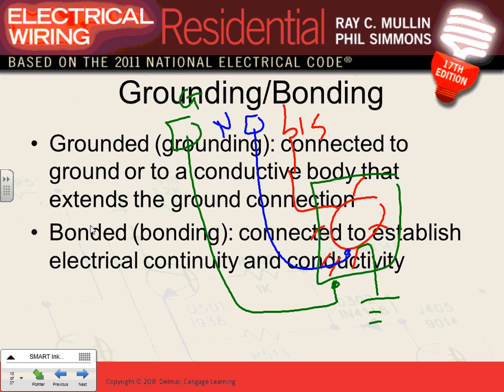Okay, so we get into two different terms. One is called grounding and one is called bonding. Grounding is that conductor that I pulled all the way to the ground terminal, called the equipment grounding conductor. The main reason for having an equipment grounding conductor is if the hot accidentally touches the fridge frame, for example. Now you have a frame of a fridge that's hot, energized.